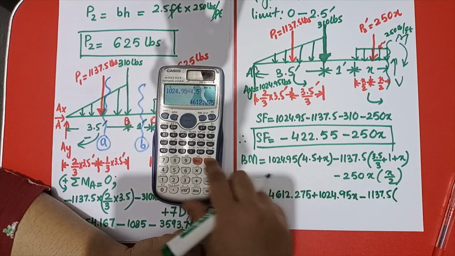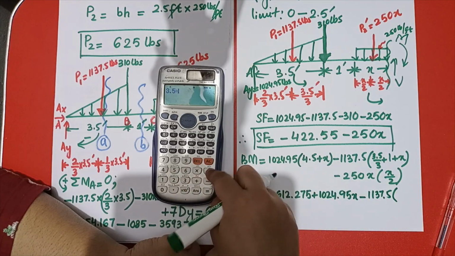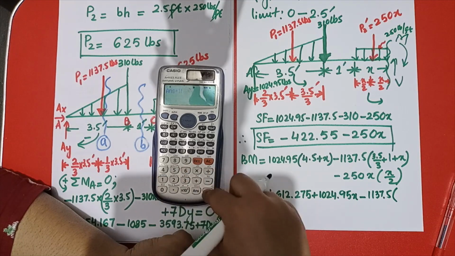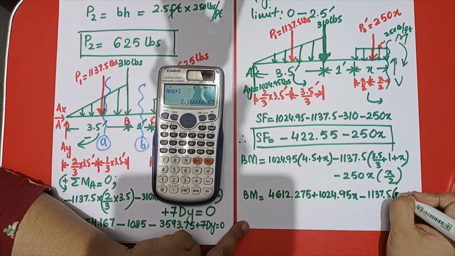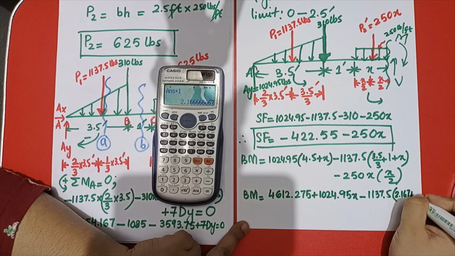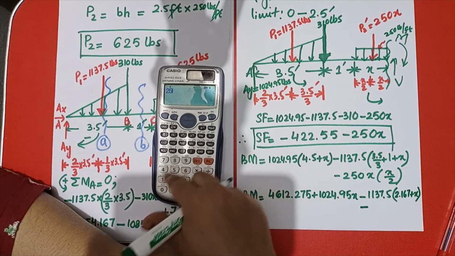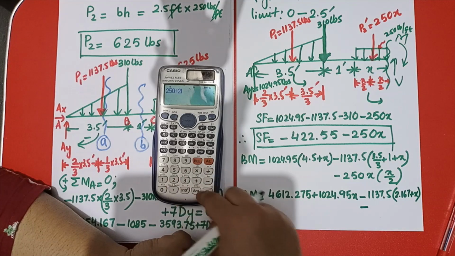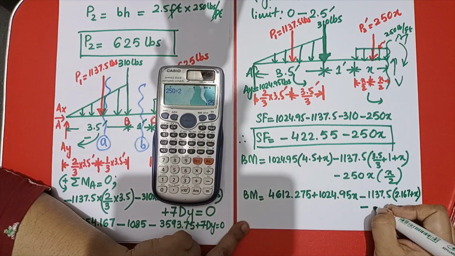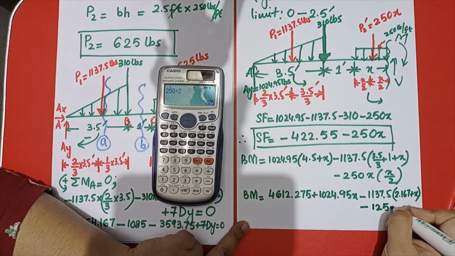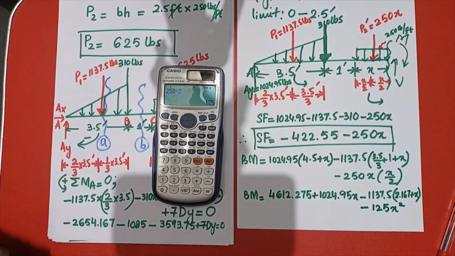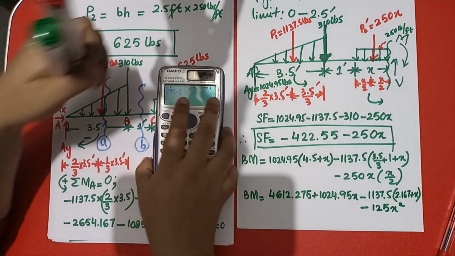So first I have to do 3.5 divided by 3 plus 1. So the answer will be 2.167 plus x minus 250 divided by 2. So it will be 125x square. So this is all about the equation.